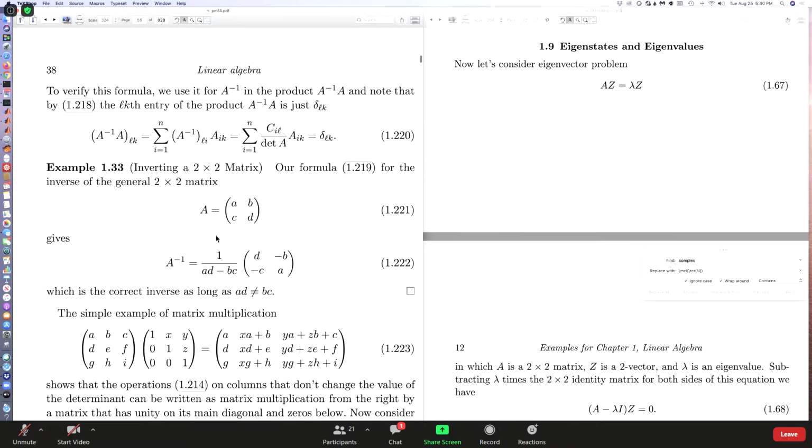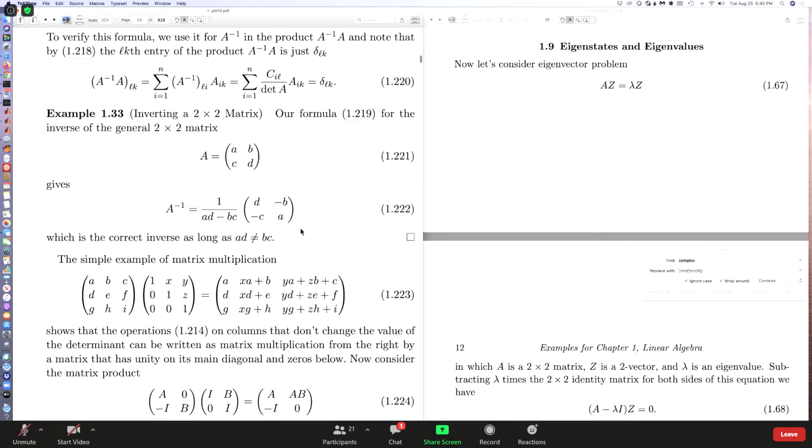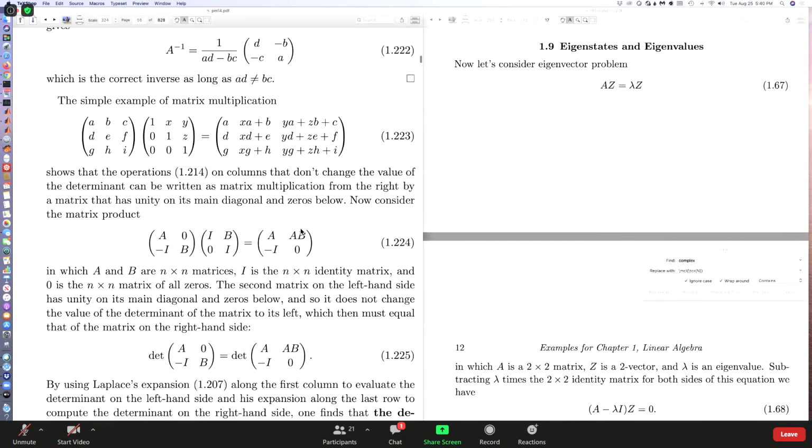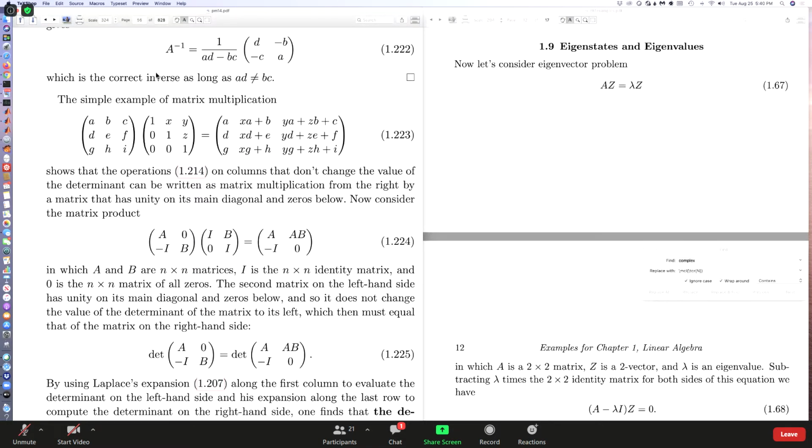And so this, well, you can do these examples on your own, but let me just mention one other point that's important. If you take a matrix and multiply it by an upper triangular matrix that has 1s on its main diagonal, you don't change the value of the determinant, because what you're doing is you're just adding to each column multiples of the other columns.